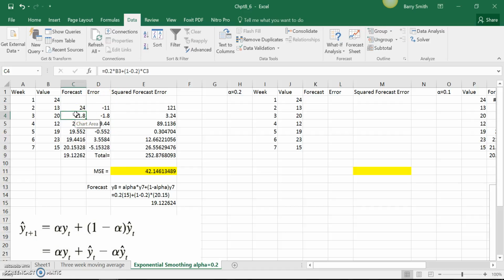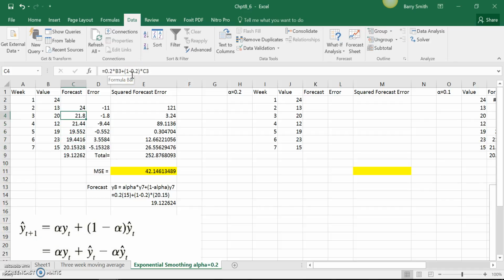Then we go down to the next one, and it's just moving everything down. Instead of B3 and C3, now it's B4 and C4, but we're using the same 0.2 and 0.8, and then we keep going down.